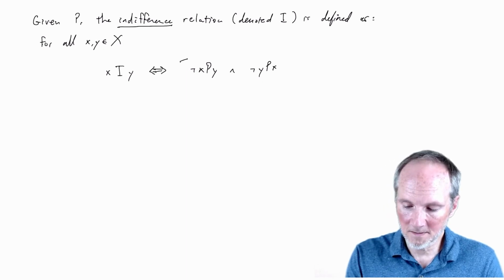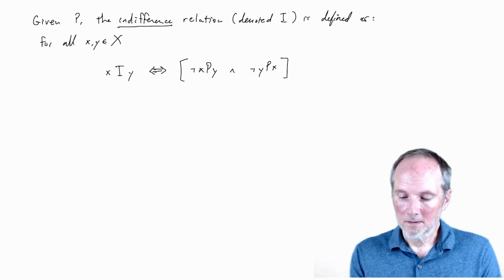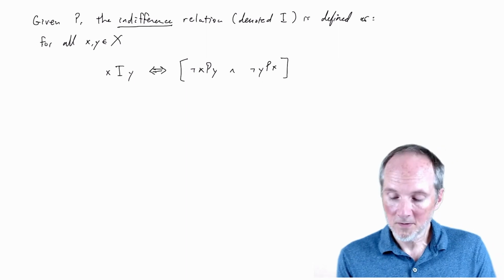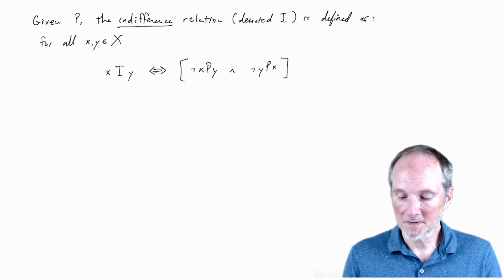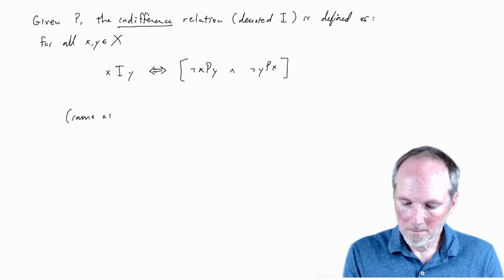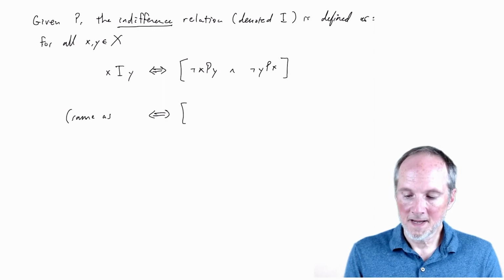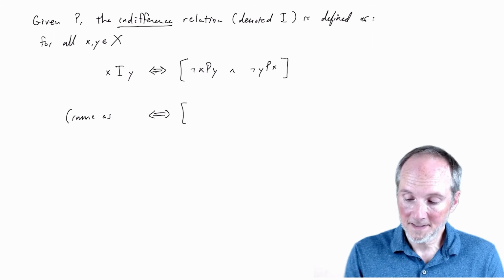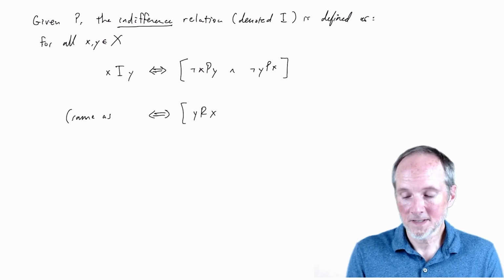Here I've used this logical notation. I'll give you another way of expressing this, though, now that we have the idea of weak preference. Instead of writing, it's not the case that x is strictly preferred to y, that's the same thing as y is at least as good as x.